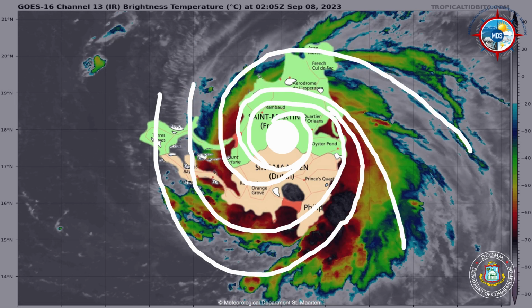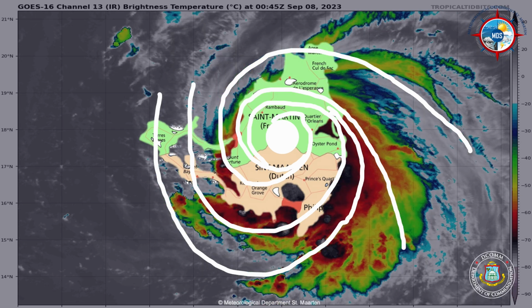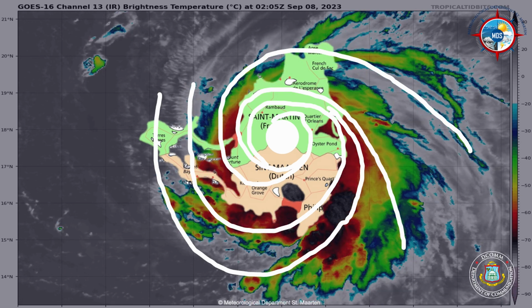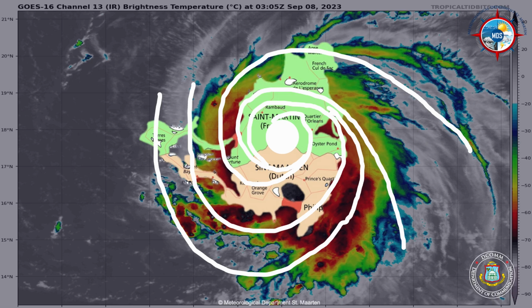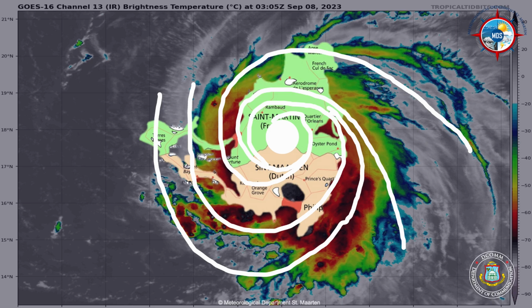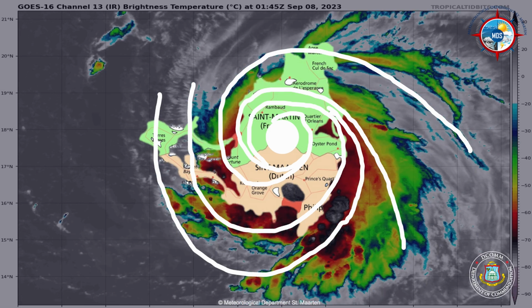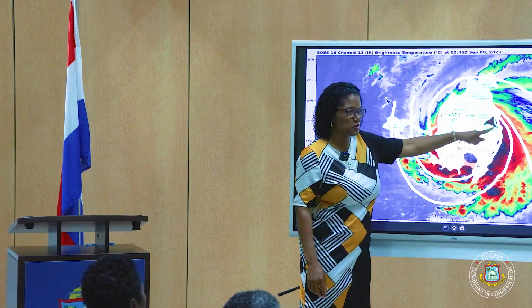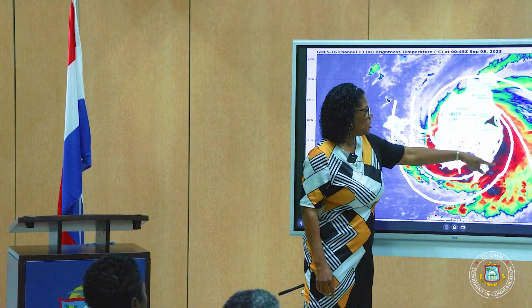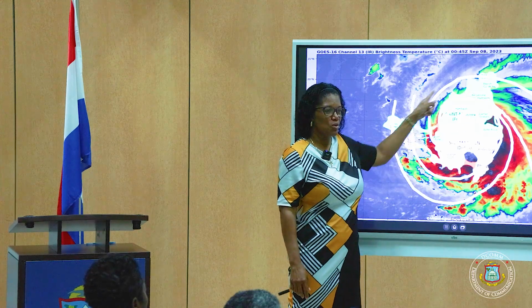And when the eye passes, then you hear the winds coming from the other side. Right. So here, if you are in Rambo, you would feel the winds coming from that direction. If you are living down here, the winds will be coming from the north. And if you are here, the winds will be coming from the west. And if you are here, Oyster Pond, the winds are coming from the south.